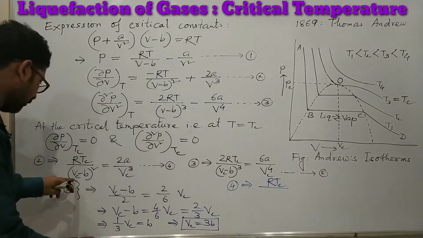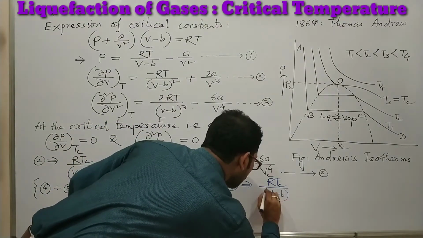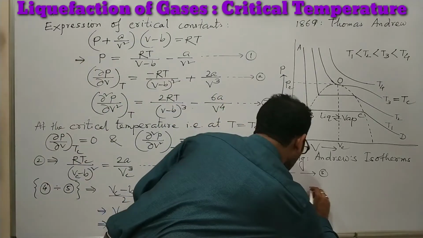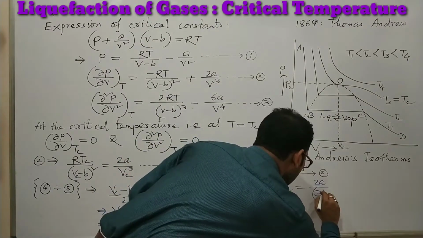Vc is actually 3B, so this is (3B minus B) whole square equals 2A by (3B) whole cube.